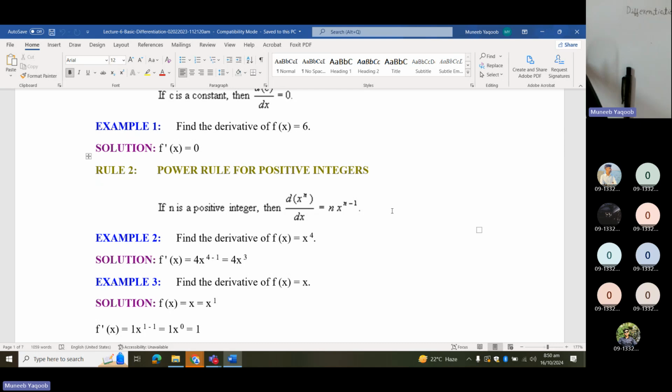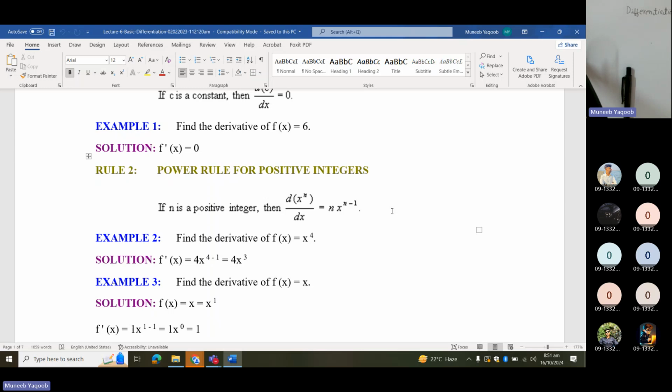The derivative of x power 4 would be 4 times x power 4 minus 1, that is 4x cubed. This f prime of x represents the derivative, while f of x represents the particular curve or function that we need to find the derivative of.